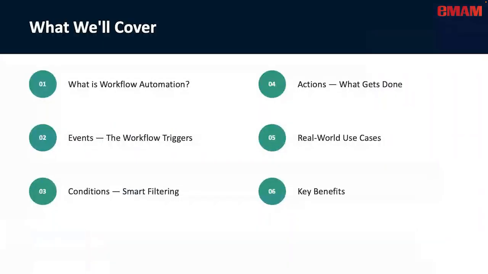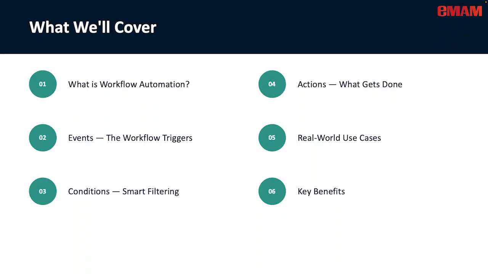Today we're going to talk about what workflow automation is and how it's used. What are the triggers, events, conditions, and actions? Events come first, some kind of trigger, like ingest or somebody changing metadata. Then, if a condition is met, you can filter on metadata to trigger different conditions.